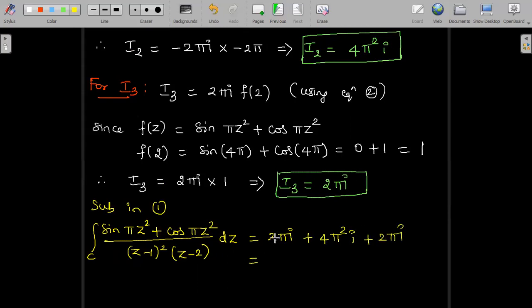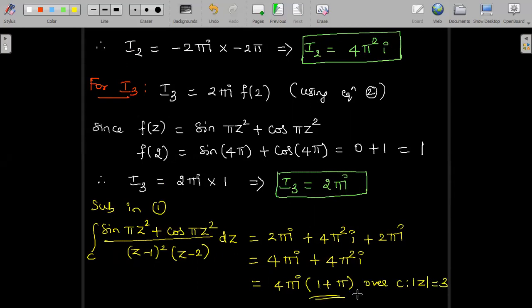So let me sum this up. 2 pi i plus 2 pi i, like terms get added: 4 pi i plus 4 pi square i. You can leave the answer here, or you can take out 4 pi i common, and the answer that will remain is 4 pi i into 1 plus pi. This is over the circle C, which is mod z equal to 3. So this is the answer, 4 pi i into 1 plus pi.